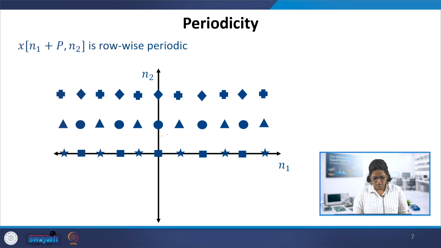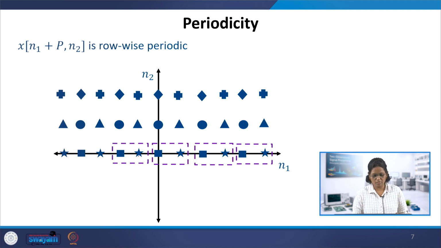In a row you can observe a pattern: these two samples are one set of values which is repeating over the row. It goes even to the negative index of n1 and here as well, and this would continue from minus infinity to plus infinity for row wise periodic.